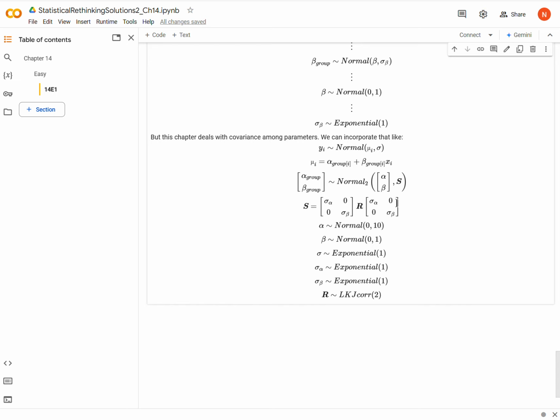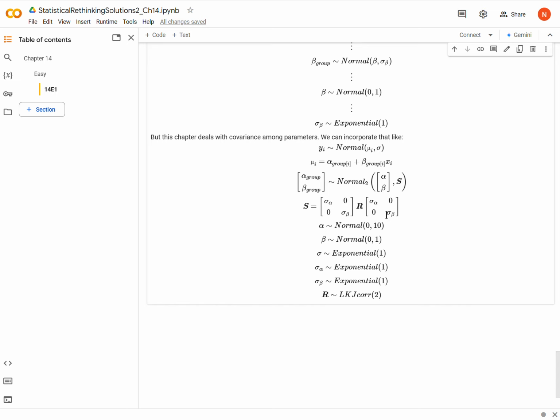Hopefully you understand matrix multiplication; I didn't go through the steps of showing how to do it. For the next element, we have 0 times sigma alpha plus 0 times sigma beta, which is just 0. Then sigma alpha times 0 plus 0 times sigma beta gives another 0. And finally, 0 times 0 plus sigma beta times sigma beta, that's sigma beta squared.